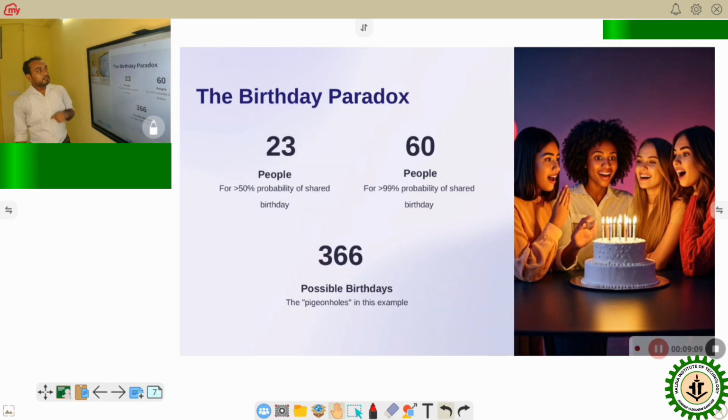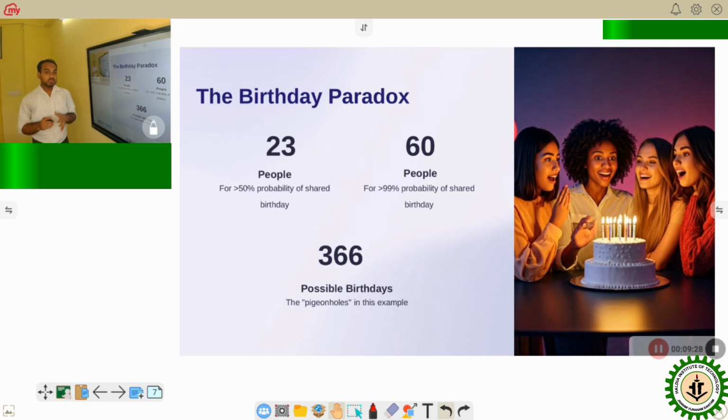Similarly, in the birthday paradox, we can utilize the pigeonhole principle to get the probability that two people will have the same birthday. The birthday means that we have 365 days, so any one of them will be a birthday for someone.